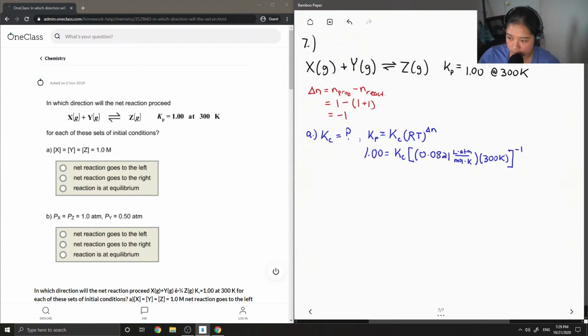Okay, so now let's solve for Kc. If we try to simplify this expression, then we get the following.